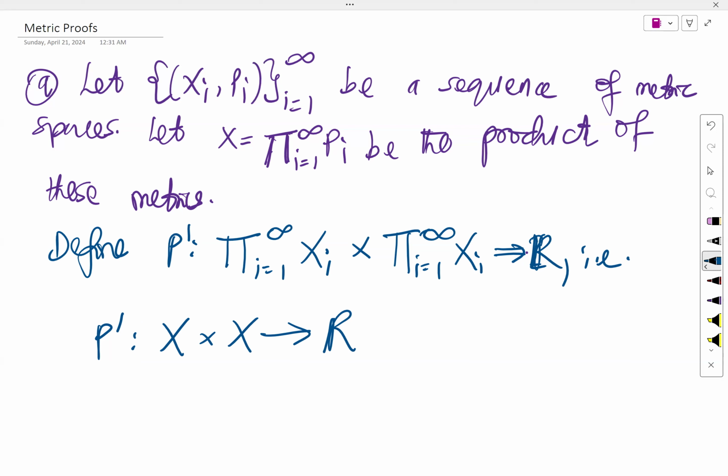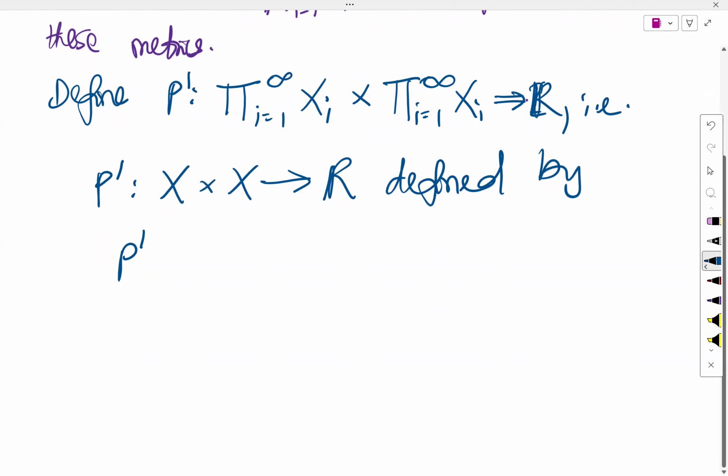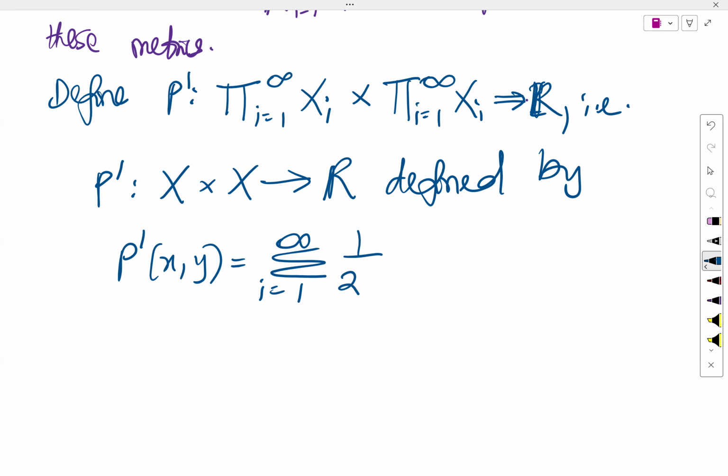Now, defined by p prime of x comma y, which is the summation from i equals 1 to infinity of 1 over 2 to the i, times pi of xi comma yi all over 1 plus pi of xi comma yi again.